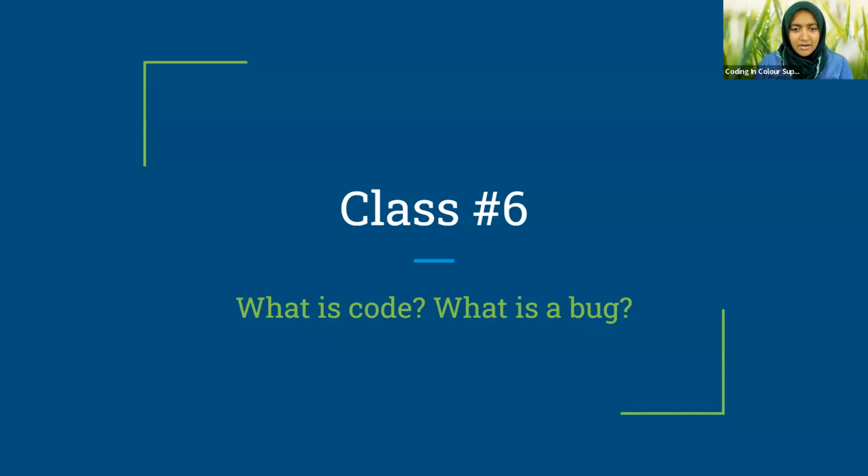I'm going to be mostly focusing on giving you an understanding of what code is all about, not necessarily the coding process itself, but what is code to begin with, where does your role as a programmer come in, and at the same time, what is a bug? We'll get to that. And again, it's a whole career path as well.